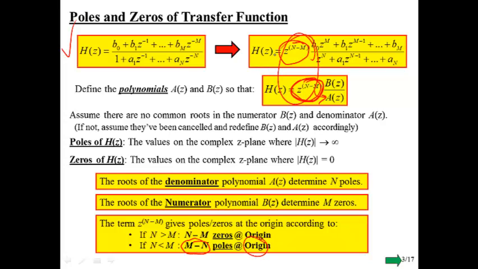So this term out in front gives us either poles or zeros at the origin. And so you have to keep a close eye on that. I've seen some books that don't really pay careful attention to that idea of those poles and zeros at the origin.